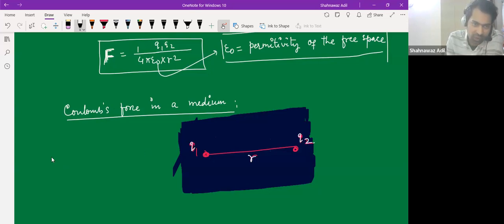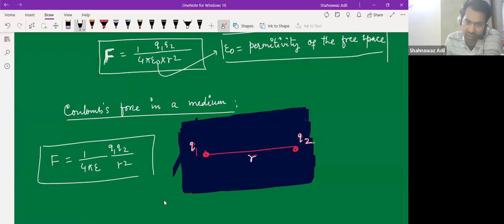So this is Q1 and this is Q2. Then this force will change to 1 by 4 pi E, Q1 Q2 by R square, where E is the permittivity of the medium. So whenever we change the medium, this Coulomb force will change.